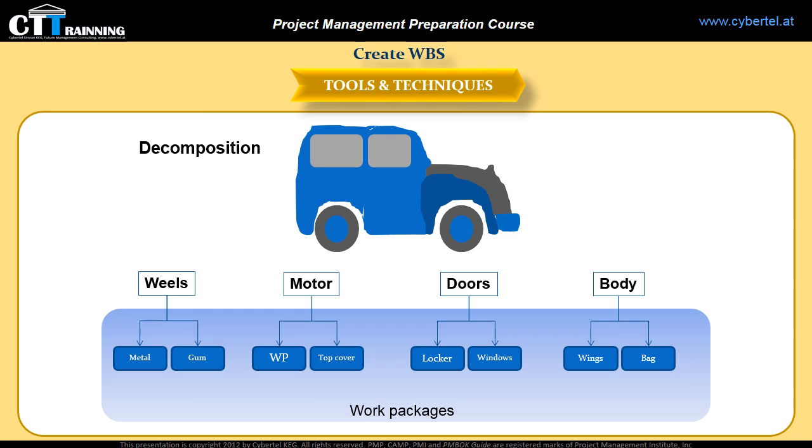You start decomposing the total project work by identifying and analyzing the deliverables and related work, structuring and organizing the WBS, decomposing the upper WBS levels into detailed lower level components, developing and assigning identification codes to the WBS components, and verifying that the degree of decomposition of the deliverables is appropriate.